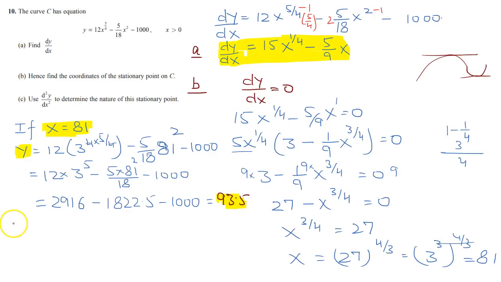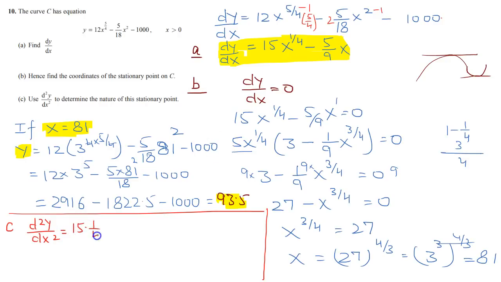Part C. Use d2y over dx squared. So dy over dx is this. So d2y over dx squared is equal to 15 multiplied by 1 over 4, x to the power 1 over 4 minus 1, which is minus 3 over 4, minus 5 over 9, x is 5 over 9.